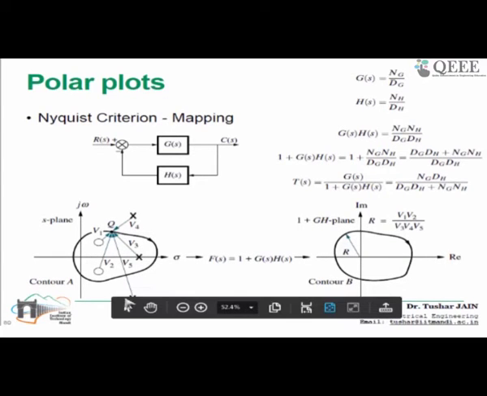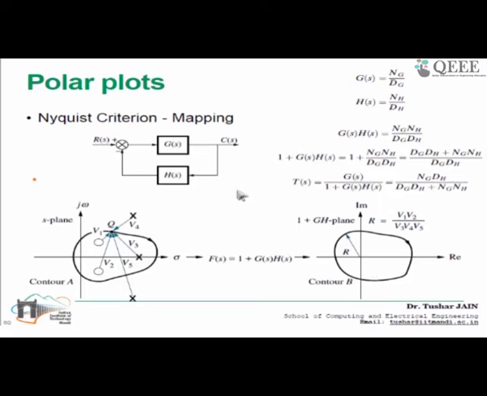Let's say these are the locations of my poles and zeros in the S plane. Two zeros are located here, and three poles are located here. This is the contour A I choose, and I choose F(s) as 1 plus G into H. If I take a point on this contour, I compute the magnitude from all the poles and all the zeros.